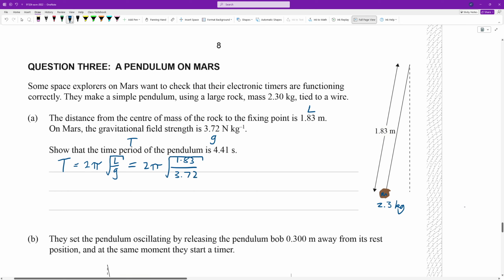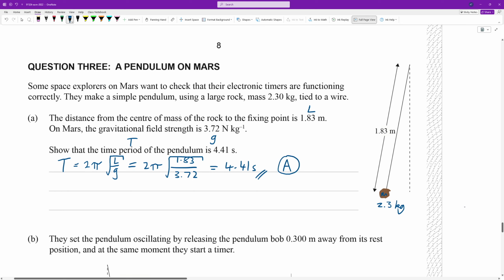And that will give us 4.41 seconds when it's rounded. You should write your unrounded answer in case you need to use it in further calculations, but we're rounding it. And that is an achieved question.